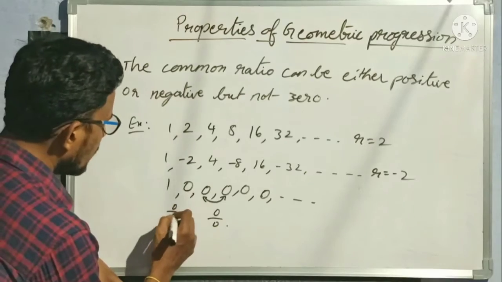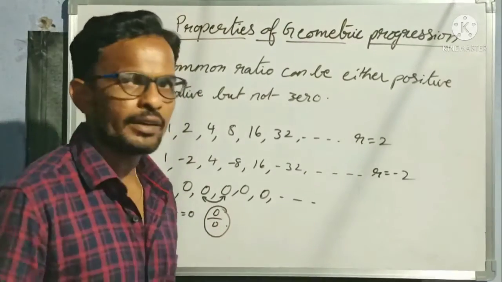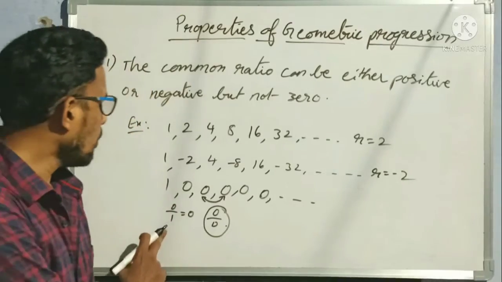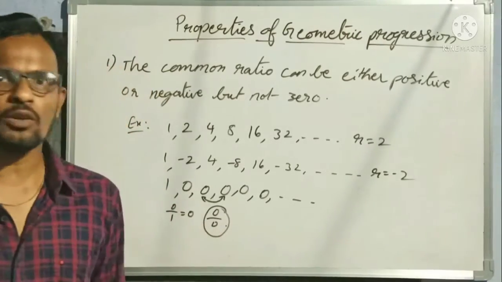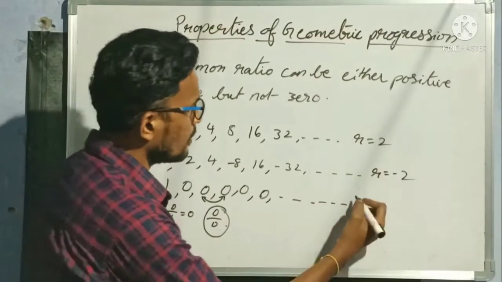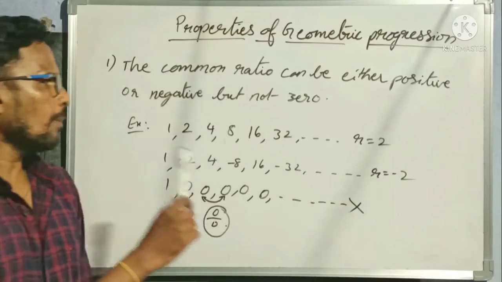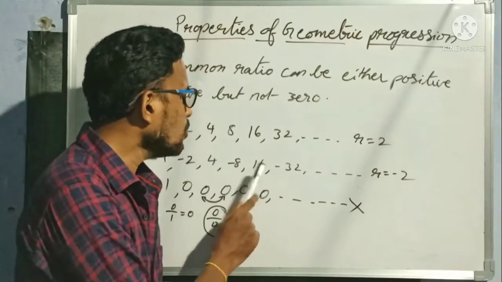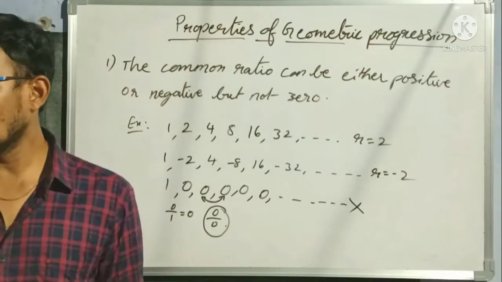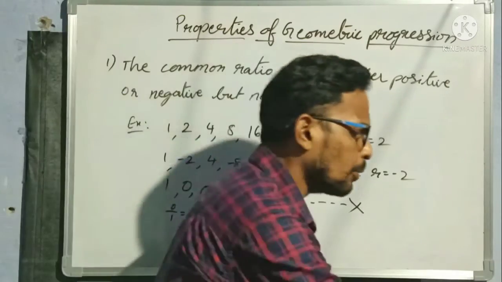Anyhow here we are getting 0 by 1, which is nothing but 0, but 0 by 0 form is not defined, right? So here 0 by 1 is not equal to 0 by 0. So these sequences of numbers are not in geometric progression. That's why the common ratio should be either positive or negative but not 0. That is the first very important property of geometric progression.